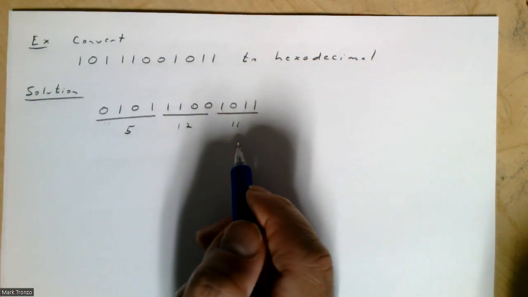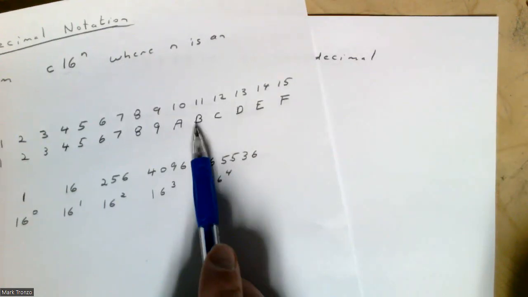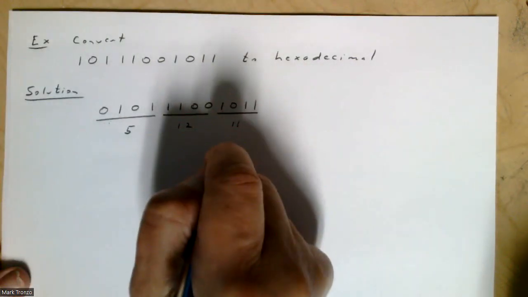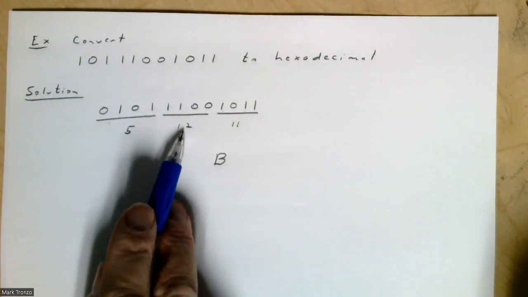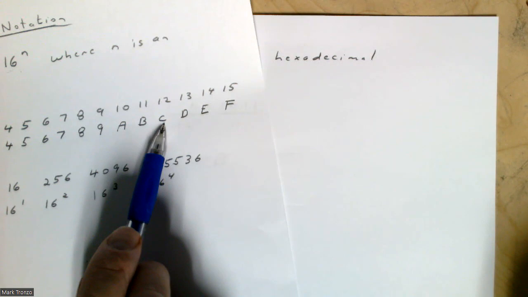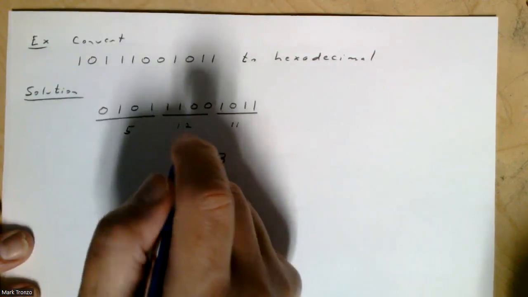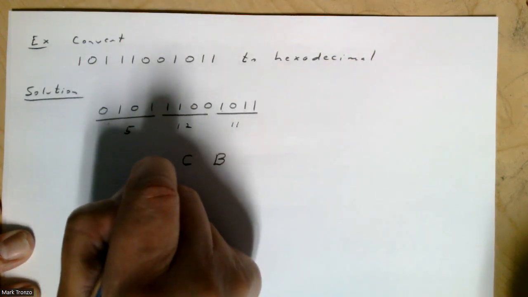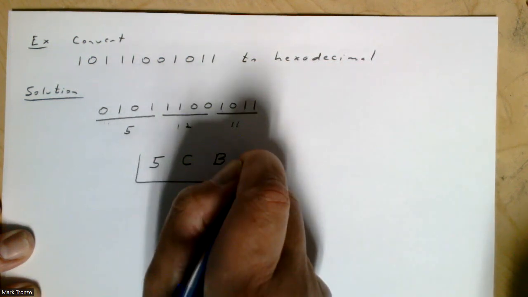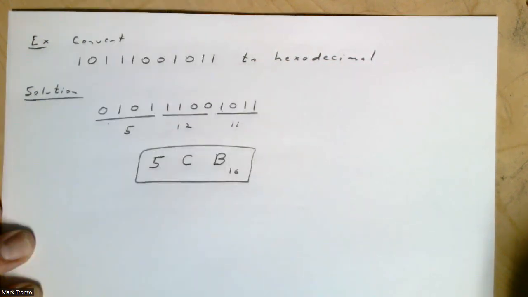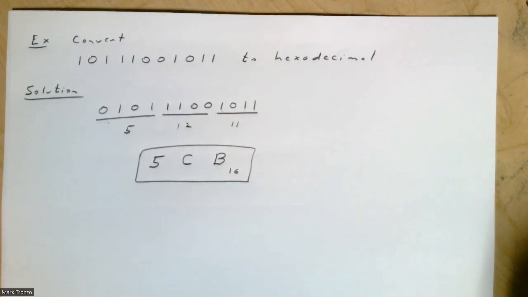4 and 1 is 5. So again, what is 11 in hexadecimal? That's going to be B. What's 12 in hexadecimal? That's going to be C. And 5 is just 5. So that's our hexadecimal number.